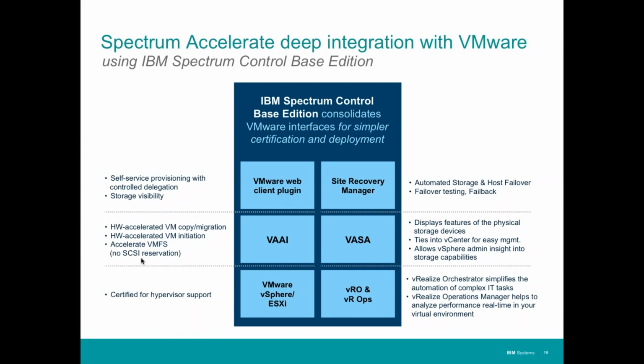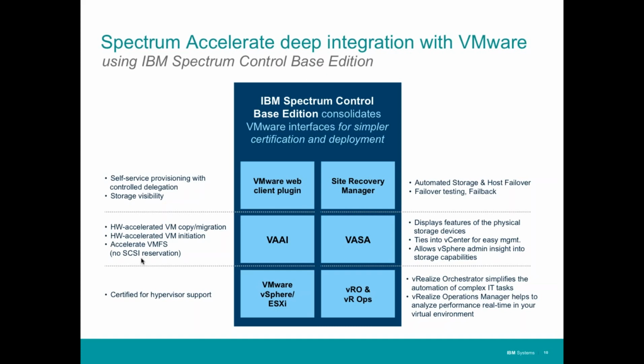For example, you want to provision a new virtual machine. In the absence of array integration, VMware has to do the job of zeroing all the blocks, creating some empty space and creating LUNs and exporting them to VMware. But now that type of work is offloaded to the storage array for faster provisioning. That's what we mean by hardware-assisted management, hardware-assisted locking.